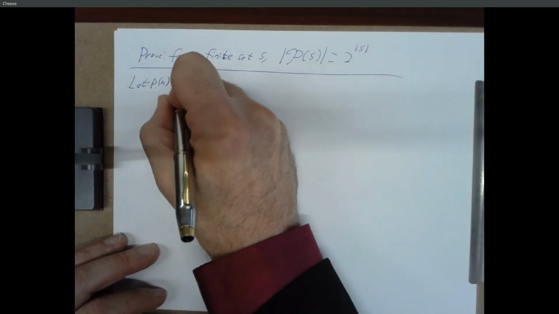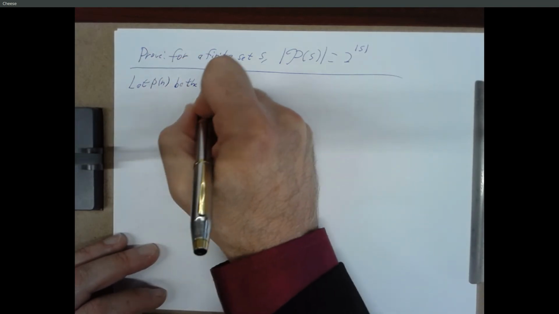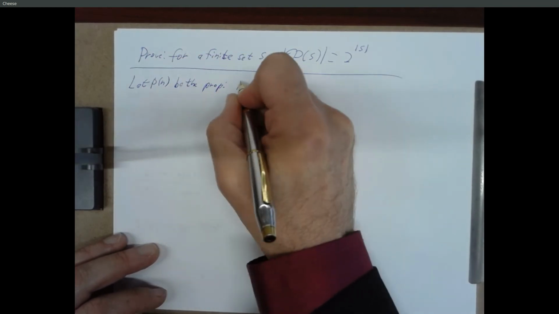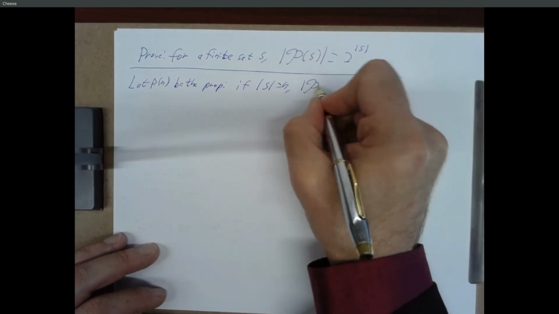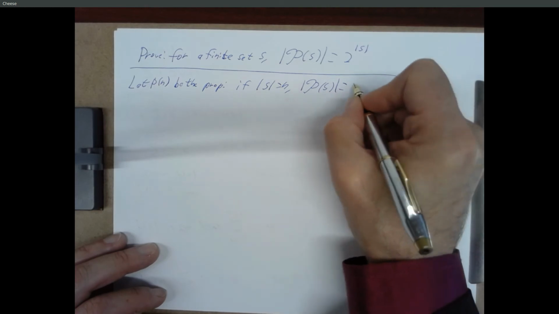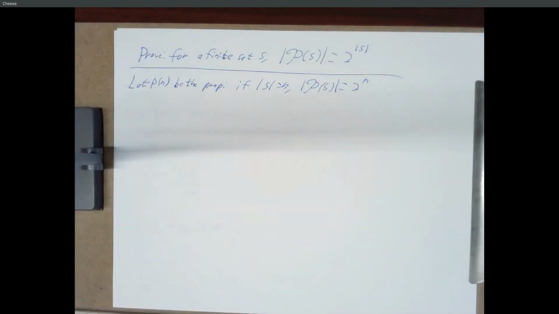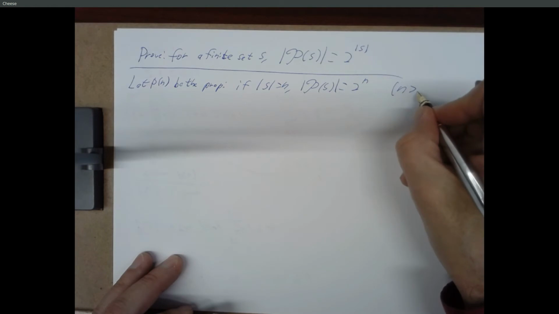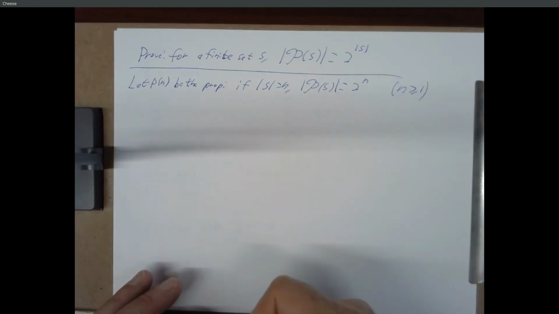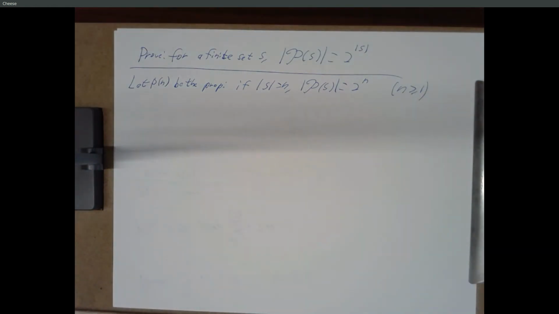So let P of n be the proposition: if the cardinality of a set is equal to n, the cardinality of the power set is equal to 2 to the n. And this is for n, let's say, bigger than or equal to 1. We could do it for 0 too.